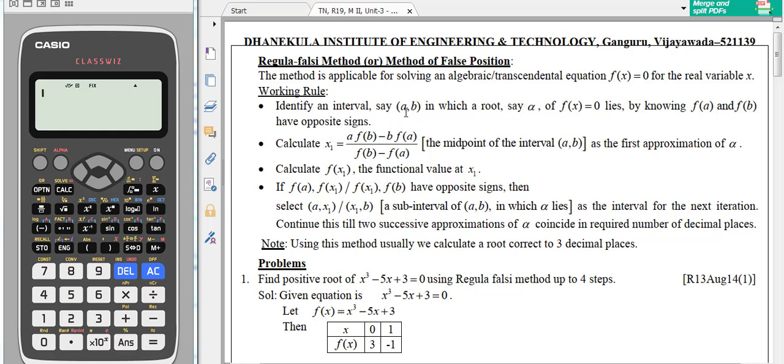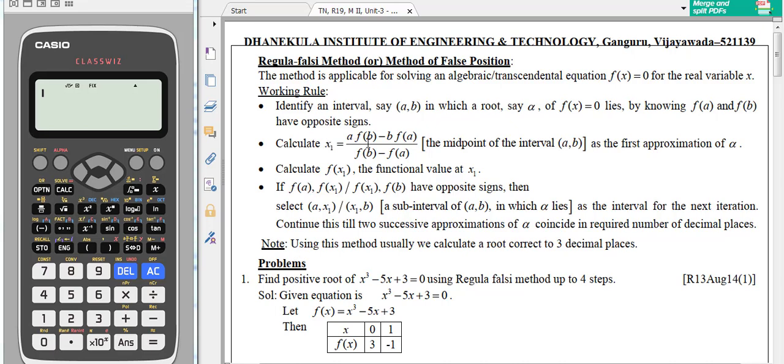And by knowing this interval in which a root of the equation lies, in the case of the regula falsi method, to get the first approximation, the formula that we use is this one: (a f(b) - b f(a)) / (f(b) - f(a)). This formula is used to get the first approximation of alpha, and we denote it by x1.